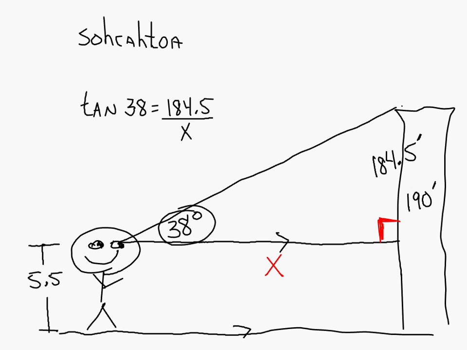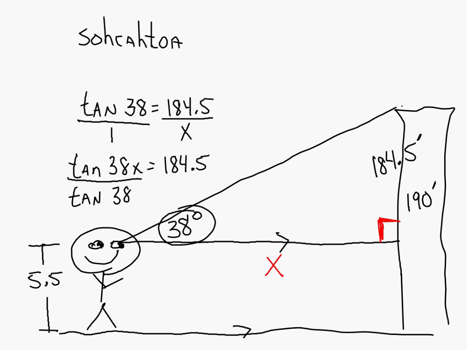You're going to crisscross multiply, put the tan 38 over 1, so now you've got a proportion. So your tan 38x equals 184.5. To solve for x, you divide by whatever's in front of the variable, so we divide by tan 38 and divide by tan 38.